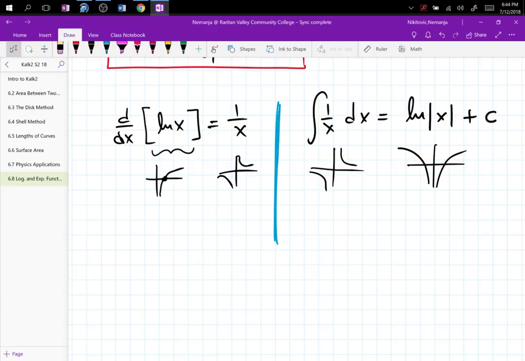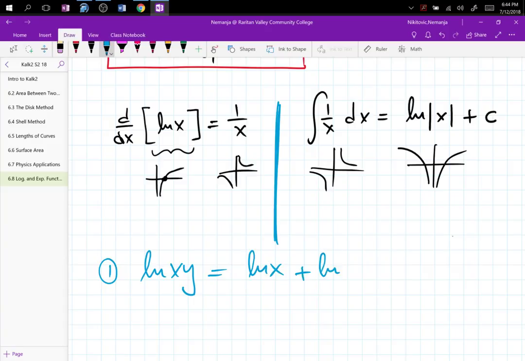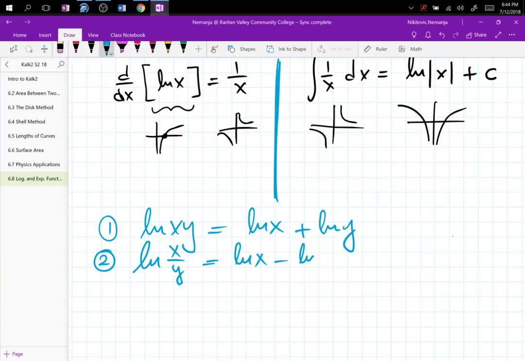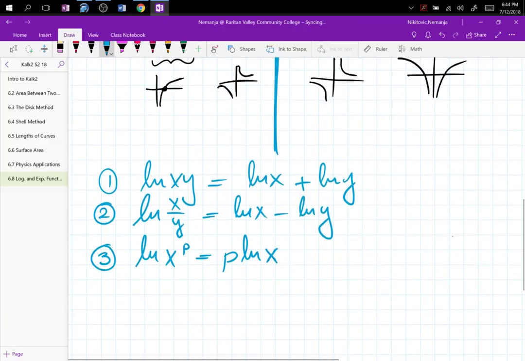So the properties that you might or might not remember from your previous life: ln xy is ln x plus ln y. Another property says ln x over y is ln x minus ln y. Number 3, ln x to the p is p ln x.